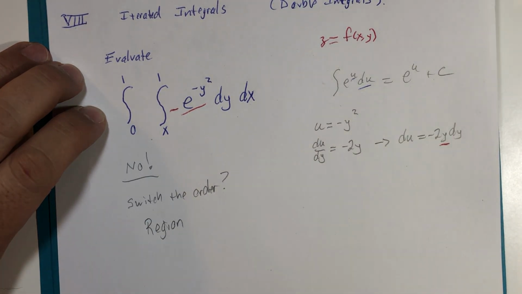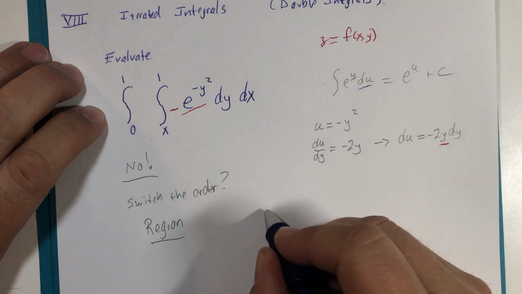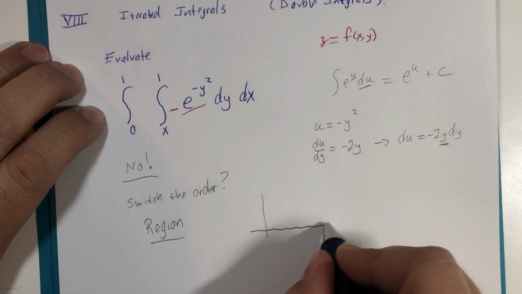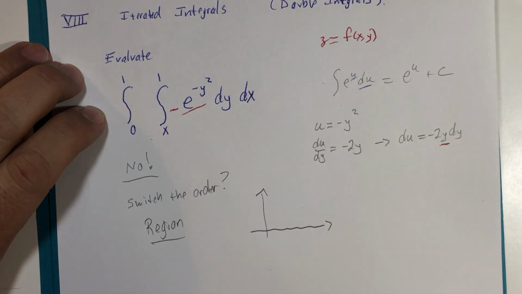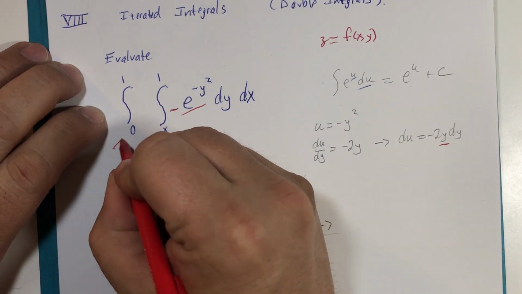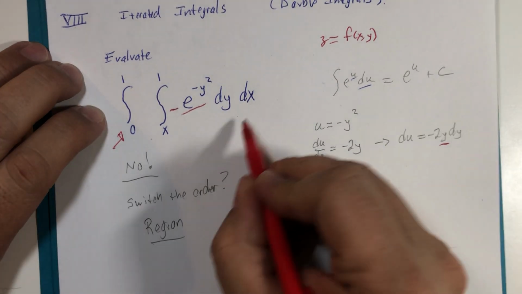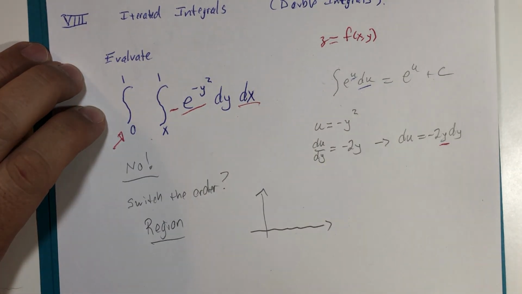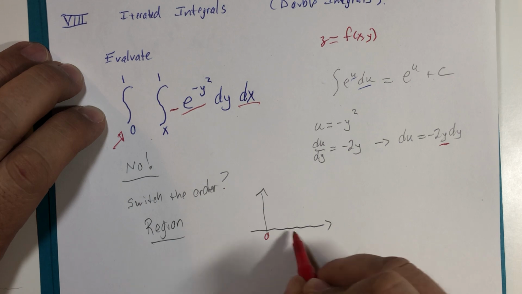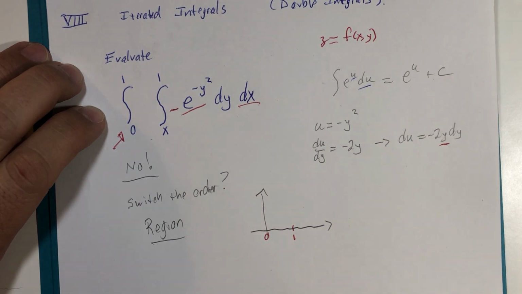It's fantastic. So the region of integration for this particular problem: the constants in the last integration are of the variable x. So x goes from 0 to 1.